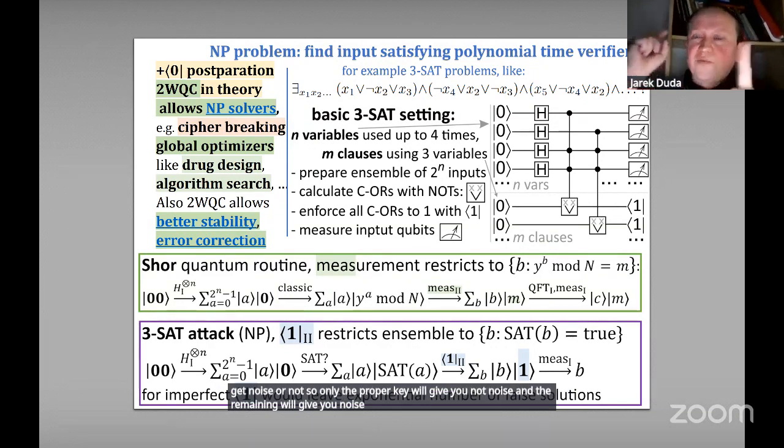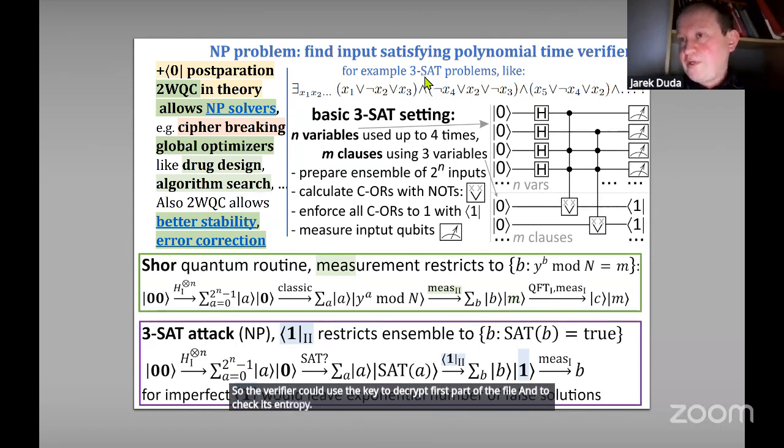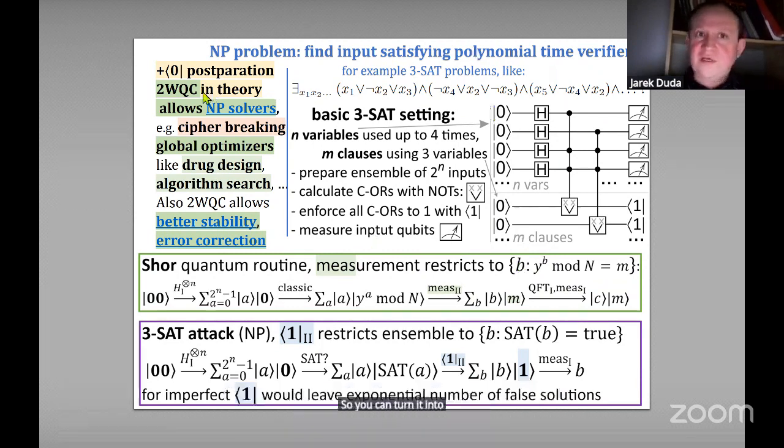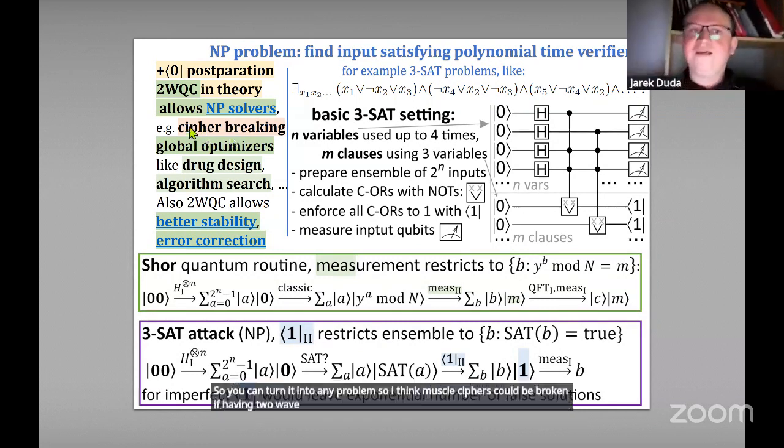So the verifier could use the key to decrypt the first part of the file and measure its entropy. If entropy is low, then it's the proper key. If it's large, then it's the wrong key. So you can turn it into an NP problem. So I think most ciphers could be broken if having a two-way quantum computer. So this is the dangerous part of two-way quantum computers.